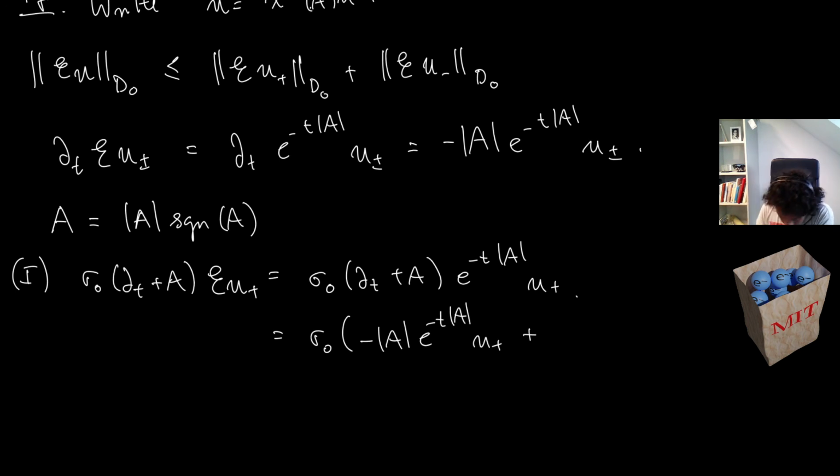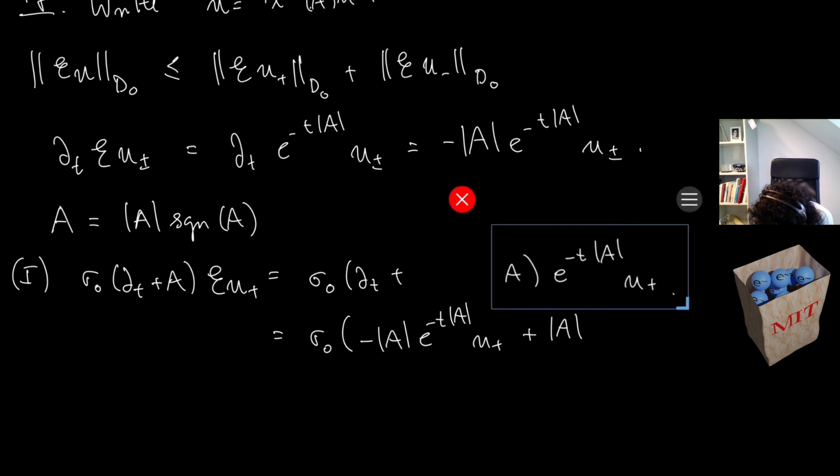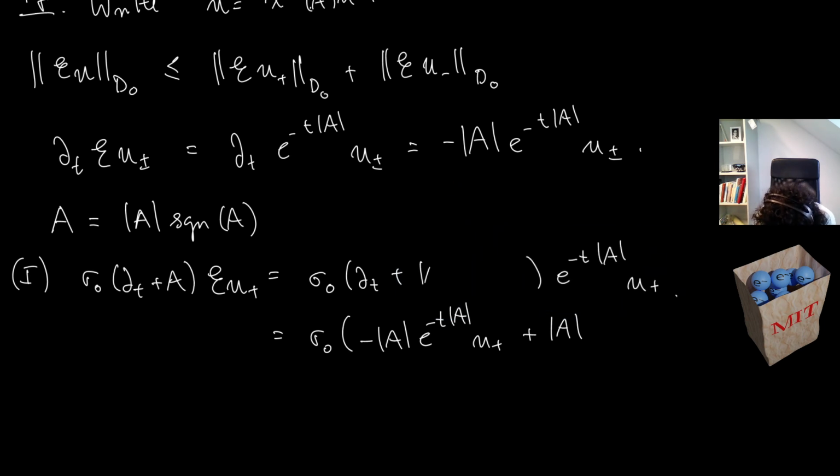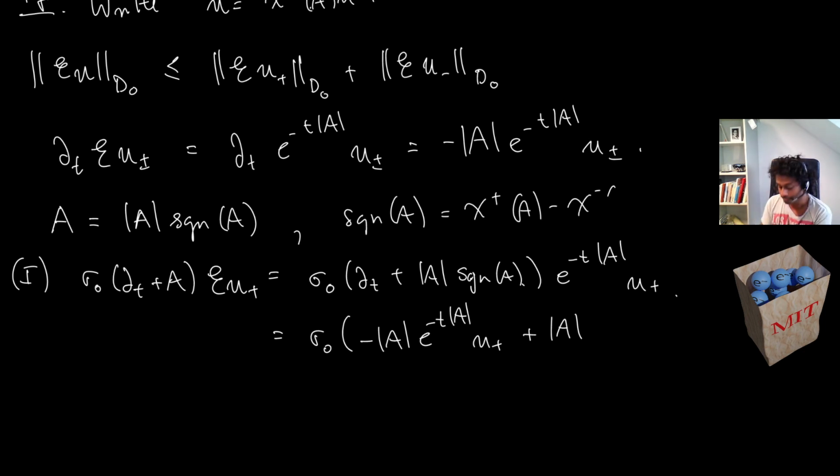And now I'm going to substitute this for modulus a. Maybe I should have written it directly in here. Let me write modulus a signum a. So what is signum a? Let's just recall: this is chi plus of a minus chi minus of a. So now I have this signum of a e to the minus t modulus a u plus.